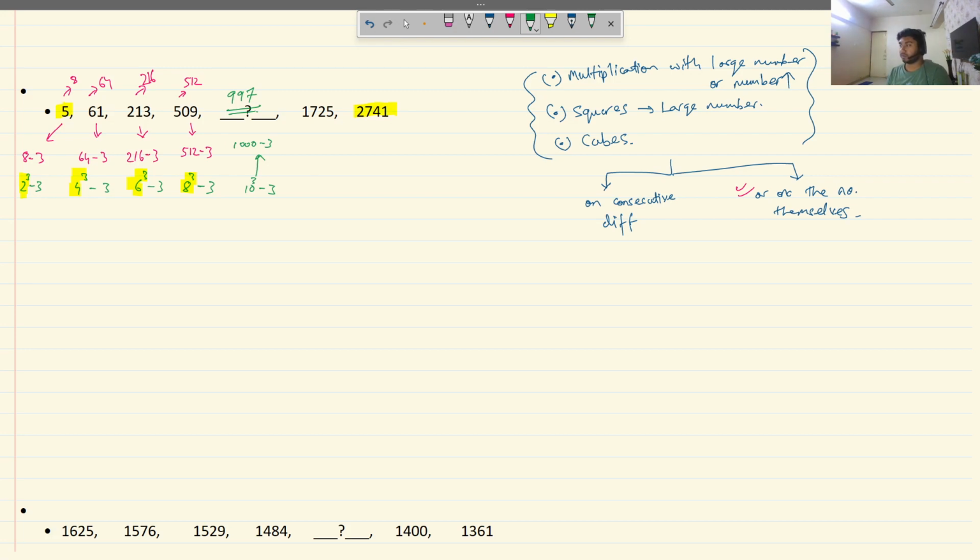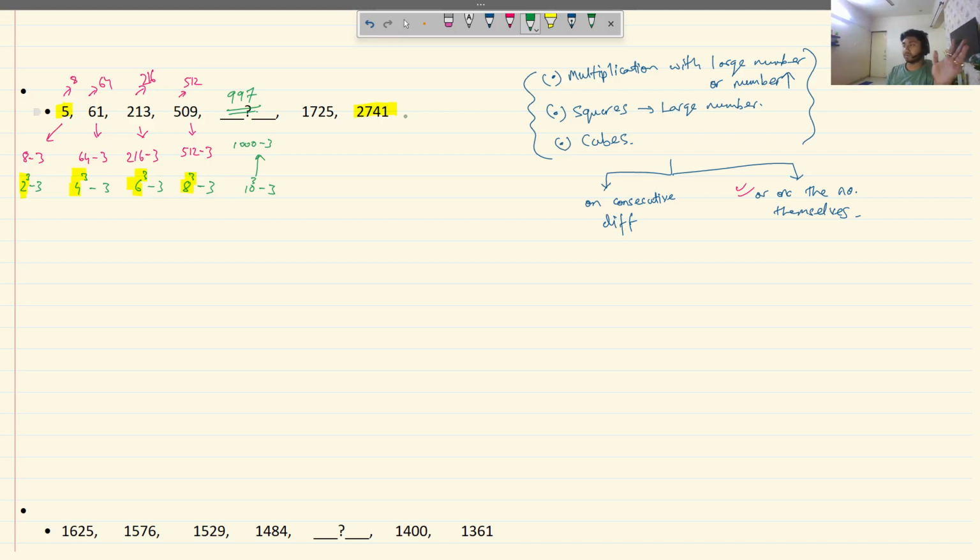We did not need to find the consecutive difference. You saw how I narrowed down my logic by seeing such a big jump in the numbers, starting from 5 to 2700.